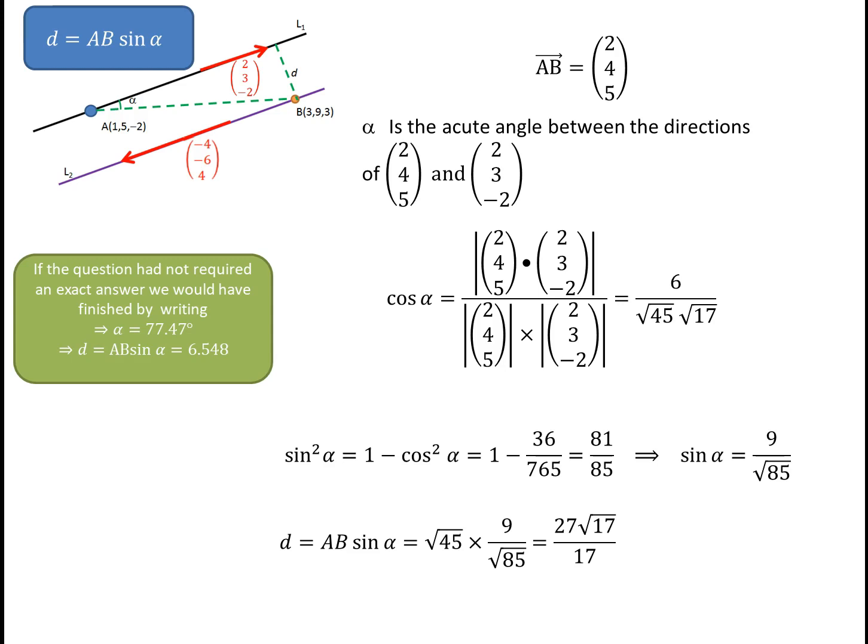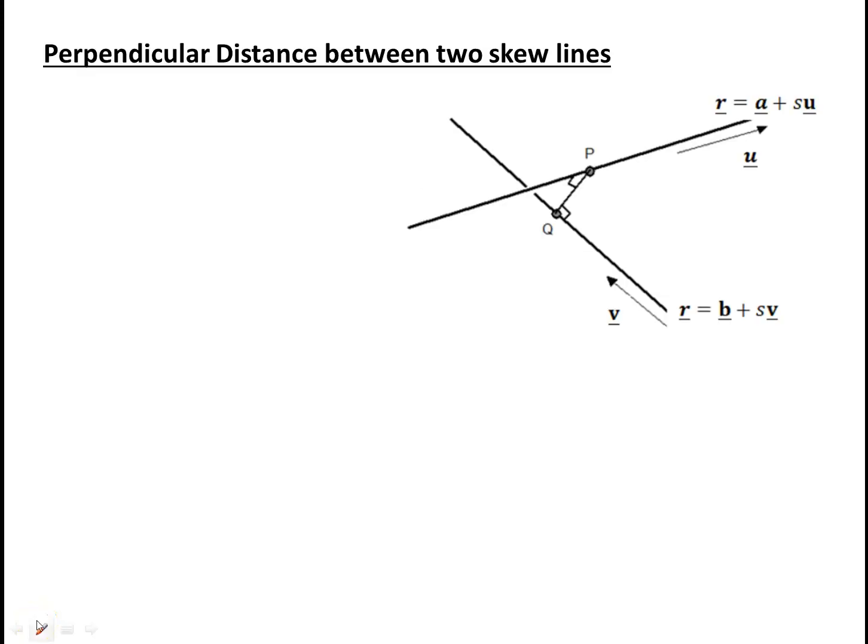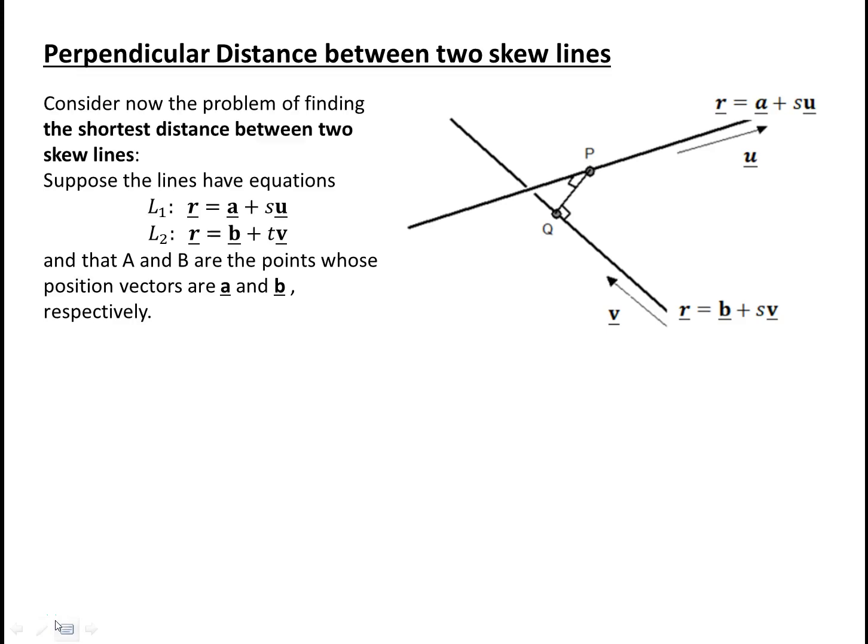We now consider the problem of finding the perpendicular distance between two skew lines. So suppose that I've got lines L1, which has the equation r equals a plus s u, and L2 is r equals b plus t v.